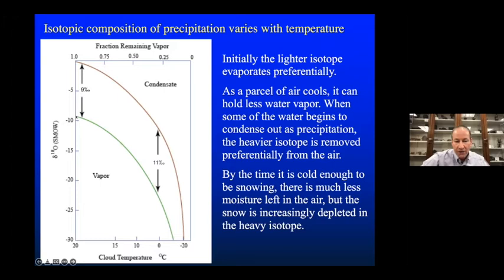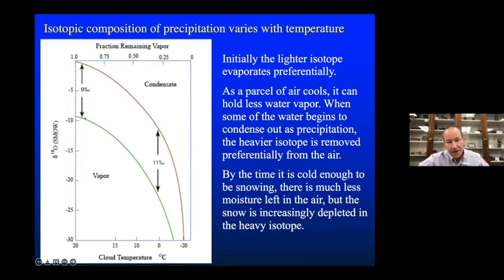Now this parcel of air, that's what the green line is, it's the vapor, it cools. And in reality, that cooling is a very complex process of trajectory and such, but we can think about the simple fiction and say it's just moving toward the poles. It cools and it can't hold as much water. So it releases some condensation, which has more O18 generally than the cloud itself, but less than the ocean because the cloud started isotopically negative.